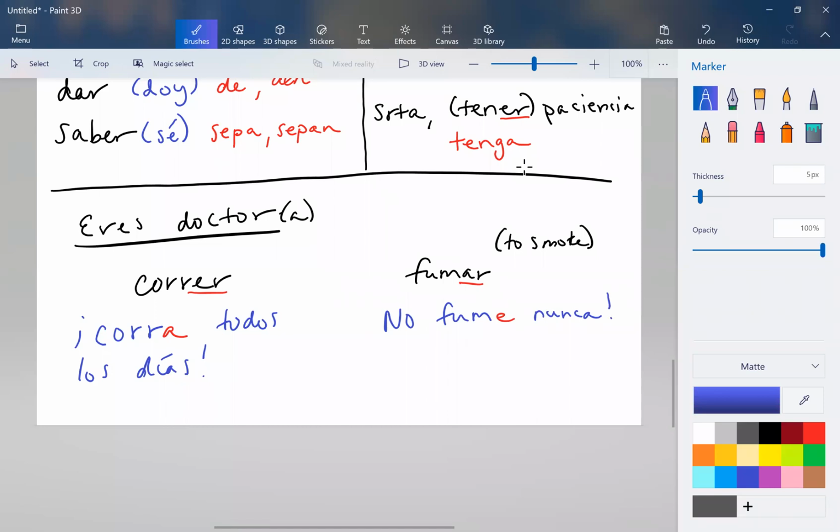Nunca. Don't ever smoke. Okay, so when it's negative, we just put no directly in front of the command to say no, don't do that. Pretty good? Okay. Any questions?